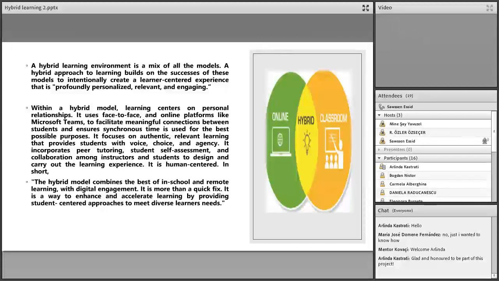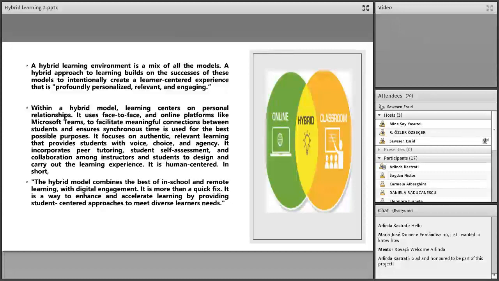It's very important to know that we are not adopting hybrid learning for the sake of using technology, or showing off that we are proficient in technology. This is not the objective of hybrid learning or remote learning. It is built on the learner-centered experience. The learner is the center of everything.